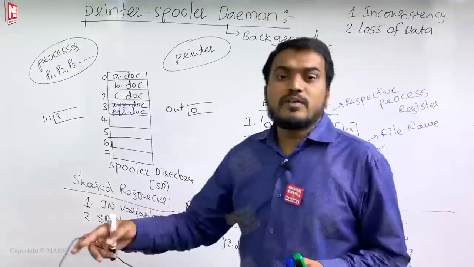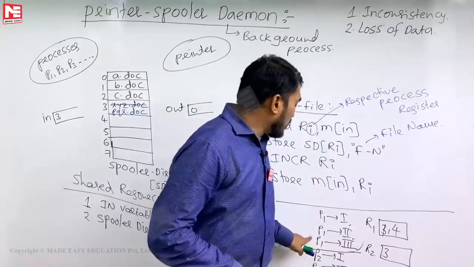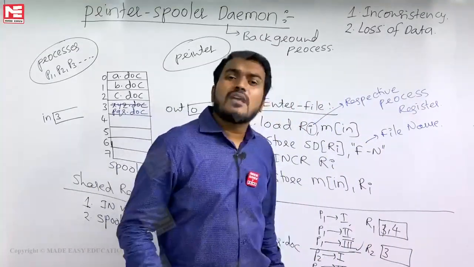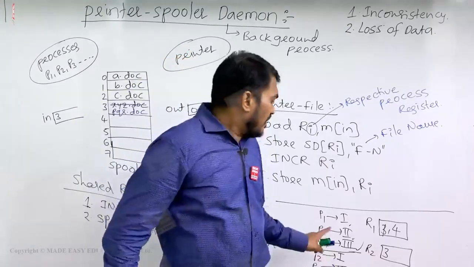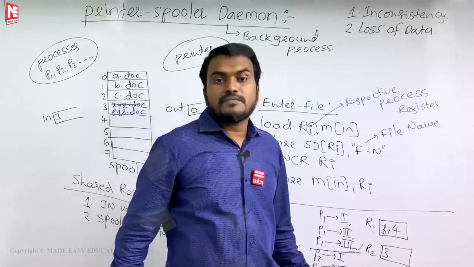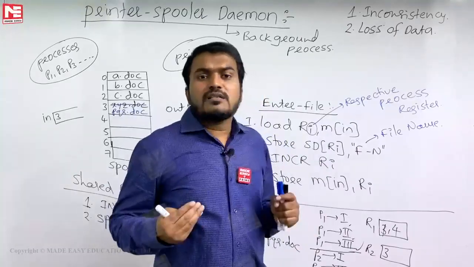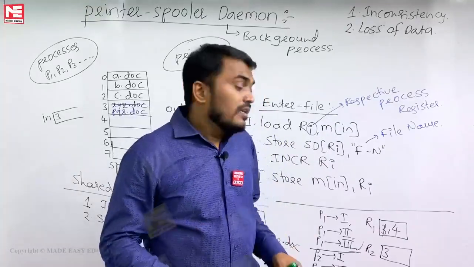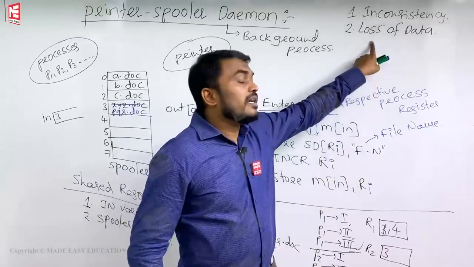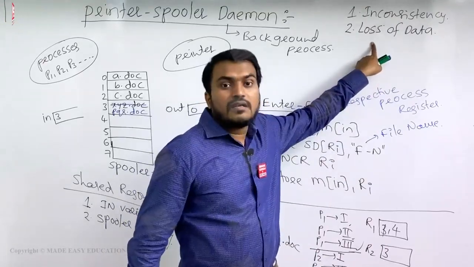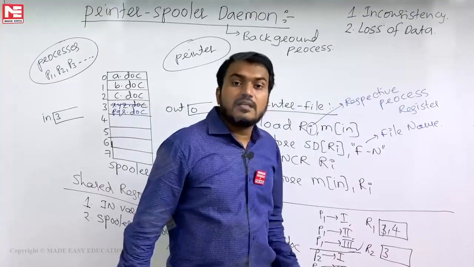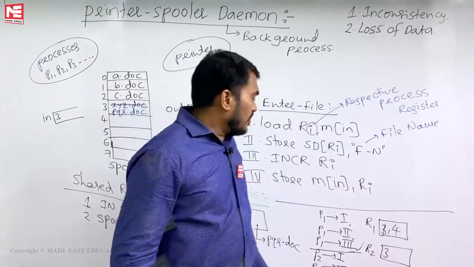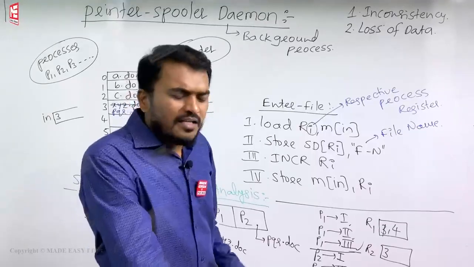So if the preemption occurs after the third instruction, that leads to the problem of loss of data. If preemption happens here, that will lead to the problem of loss of data. Is that clear? So that is the second problem here. It means what?